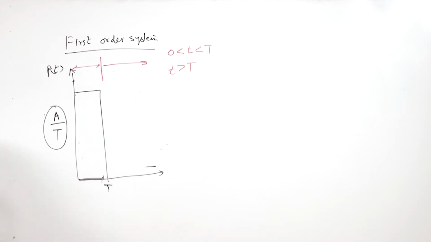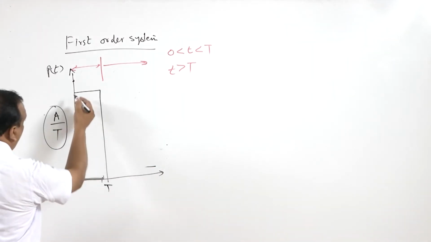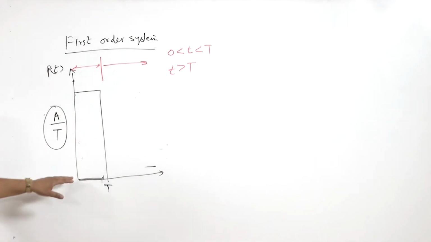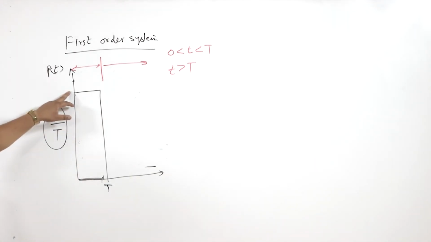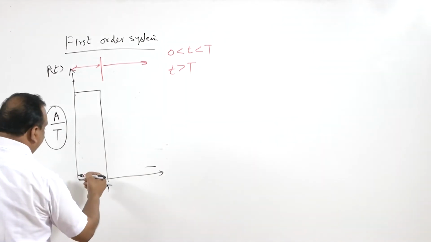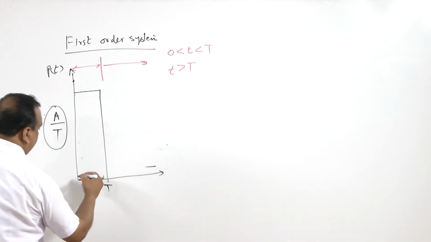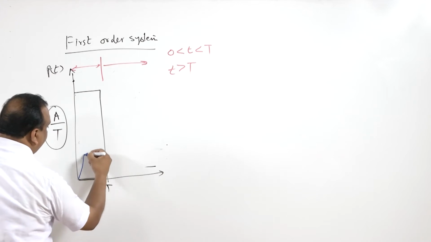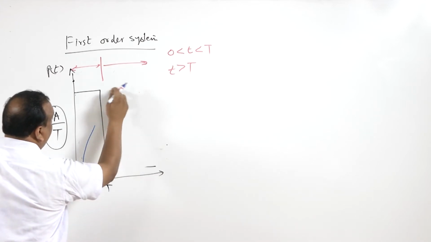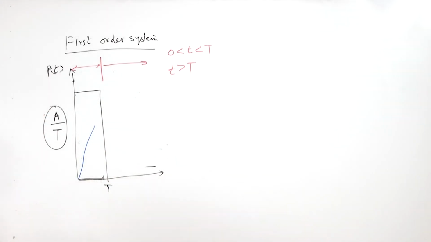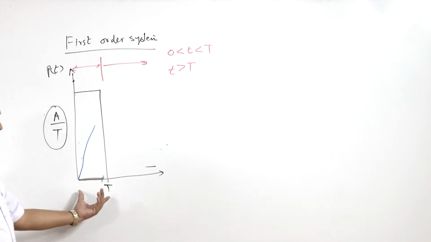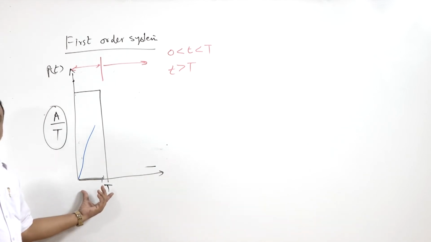Regarding the response of the system, all of a sudden there is a step input, but the system cannot respond in this manner, right? For a step input, the output of the system will rise until before it attains the final value, because this T is much smaller than the time constant.